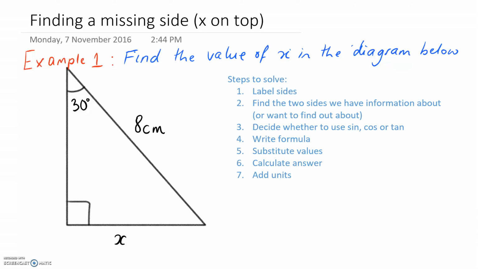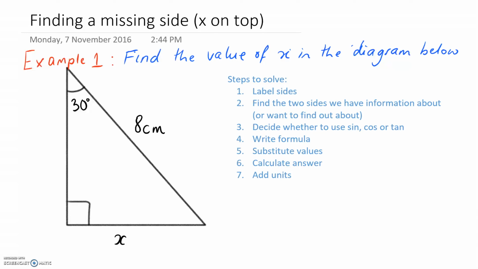So I've put the quick steps over here and you might want to jot them down so you know which order we're solving these problems in. The first step is to label your sides. So you do that just like we did in the previous video. It's really useful to get a different color pen to do this.